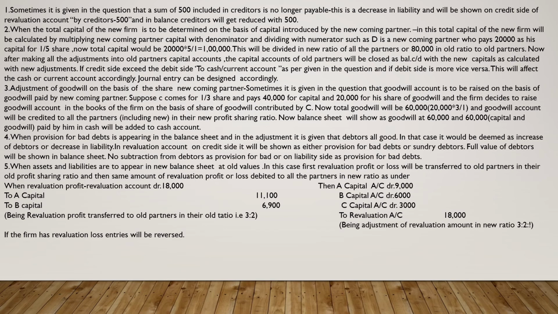If reverse is the case, that revaluation account is showing a loss, then in revaluation account on credit side by A's capital, by B's capital in old ratio. Then on the debit side, same amount to A's capital, to B's capital, to C's capital. We will charge from their capital accounts.